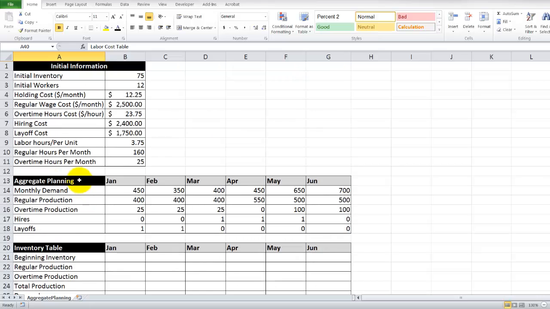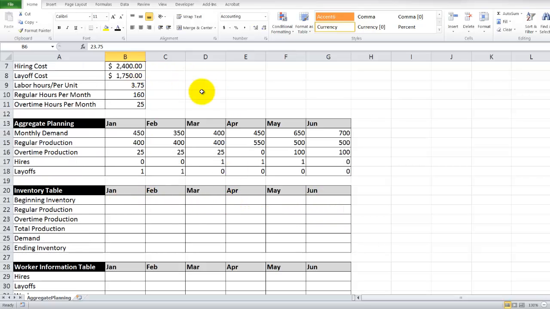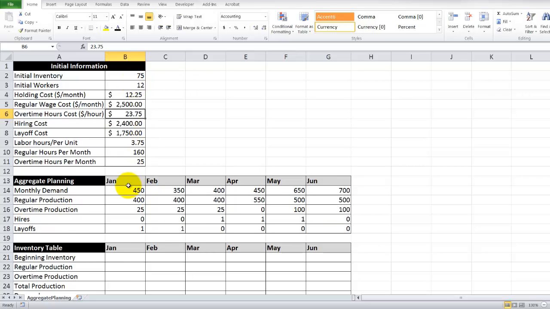So it's desirable that you separate this information so that these values can easily be changed later. For example, overtime cost might increase from $23.75 an hour to $25 an hour, and we want all of these calculated cells below to reference all of these cells above.